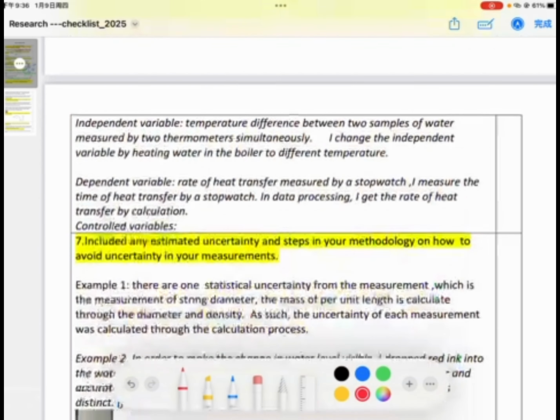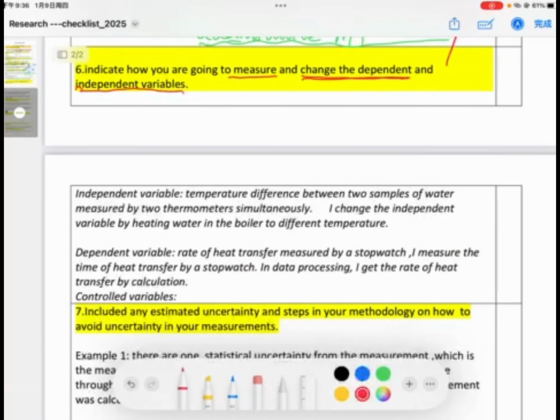But over here, just try to describe it as specifically as possible for the examiner or your reader to understand what you actually did, instead of very general information, for example, I measured the height of the ink drop.